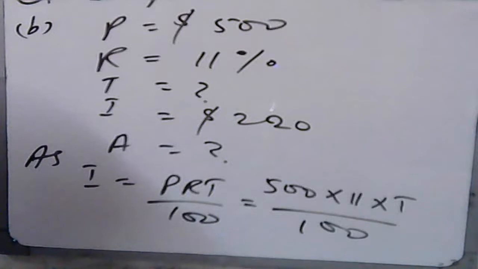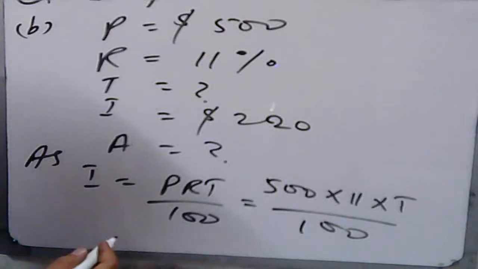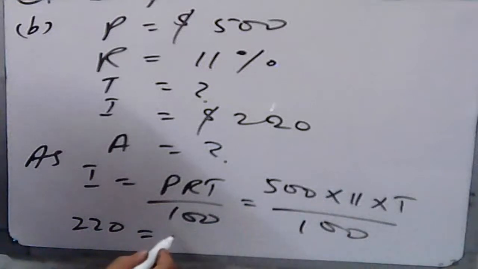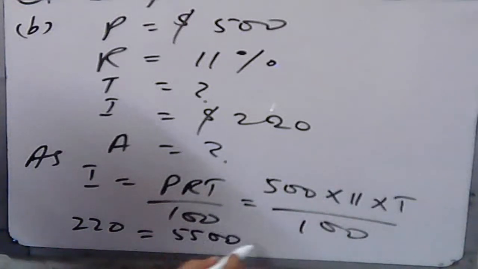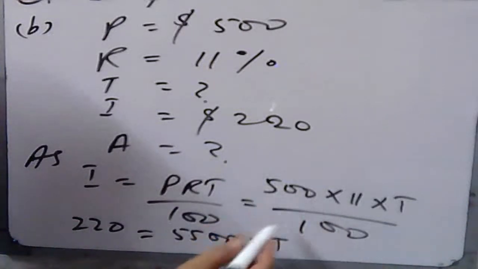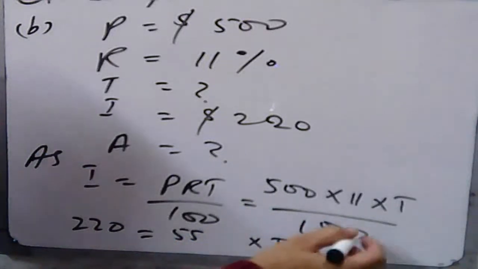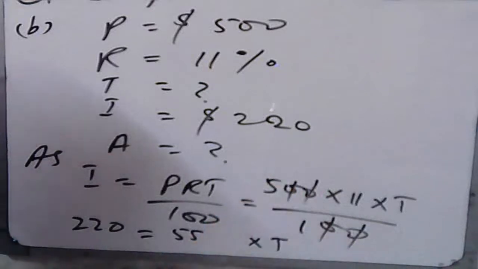So here I is equal to $220, which is equal to 5,500 multiplied by T over 100, and the 100 will cancel with this, so you will get 11 5s are 55 multiplied by T.